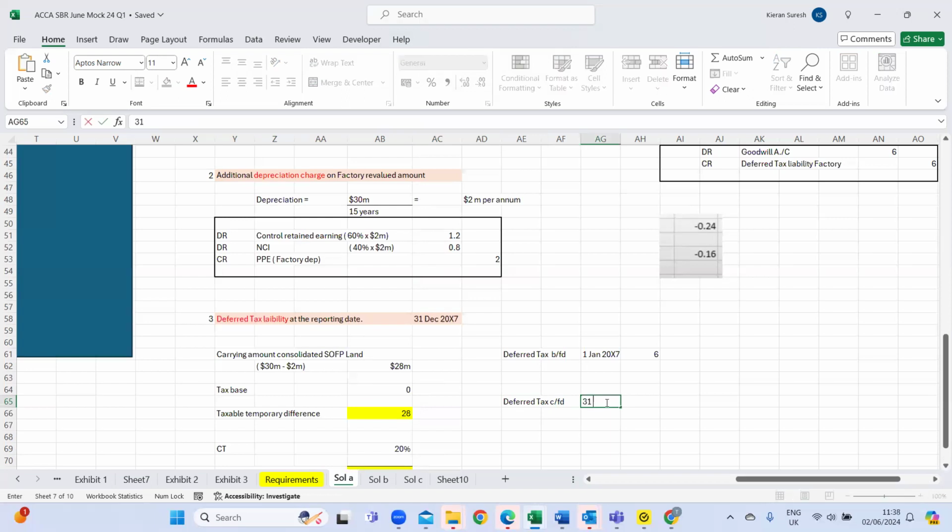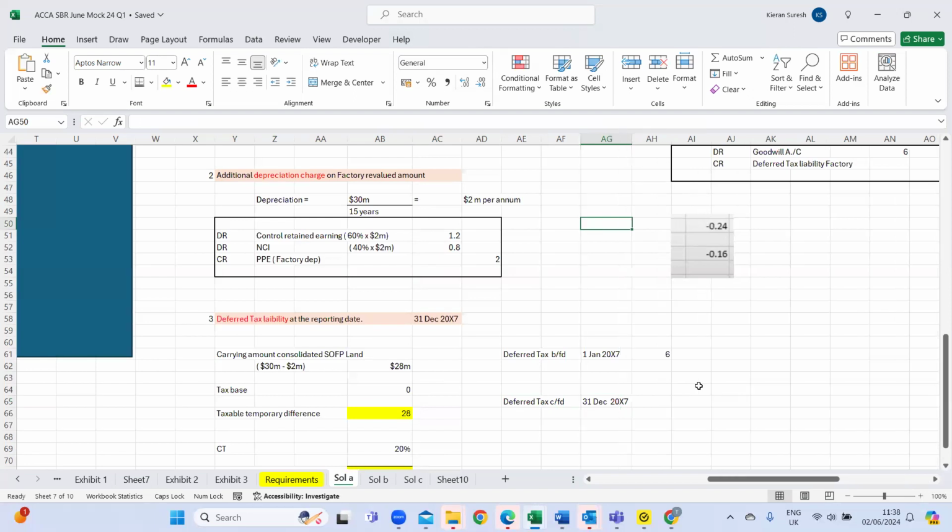The 31st of December 2017 figure. To bring this deferred tax figure to what figure?